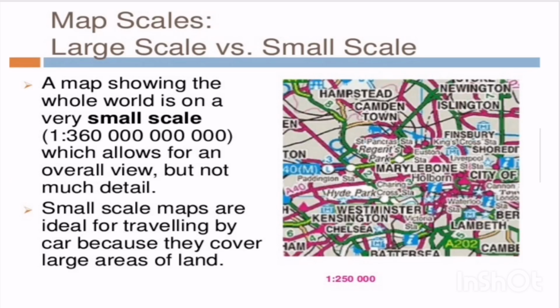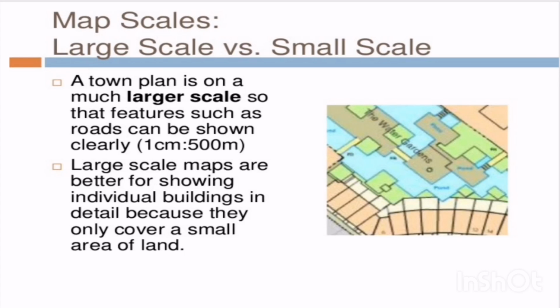Small scale maps include your wall maps or atlas maps. They show important features like mountains, plateaus, continents and countries, which can be shown in less detail and space. Whereas your large scale maps include guide maps or topographic maps.